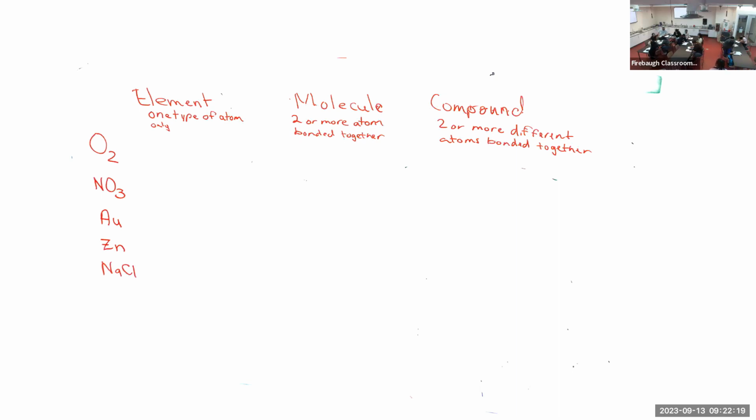The definition of an element means it has to be only one type of atom, right? Di means two. So let's take a step back. Before we finish this, there are 7 diatomic elements.